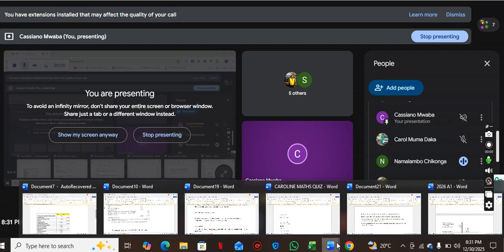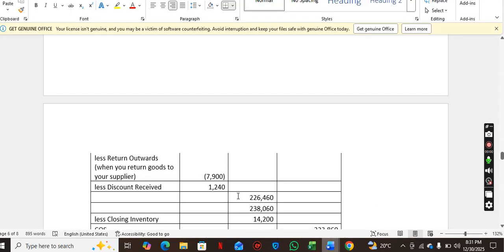So you can deduct your discount received here. When you purchased these goods worth 235,000, apart from returning some, you're also given a discount. So that's why we're subtracting.